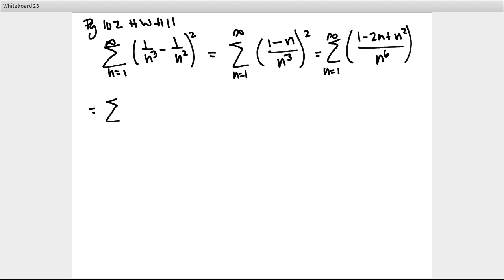And then now you've got a single term in the bottom, so you can separate that, right? And that ends up giving you a 1 over n to the sixth, and then a 2n over n to the sixth. So that n on top cancels, so you got an n to the fifth, and then a 1 over n to the fourth.